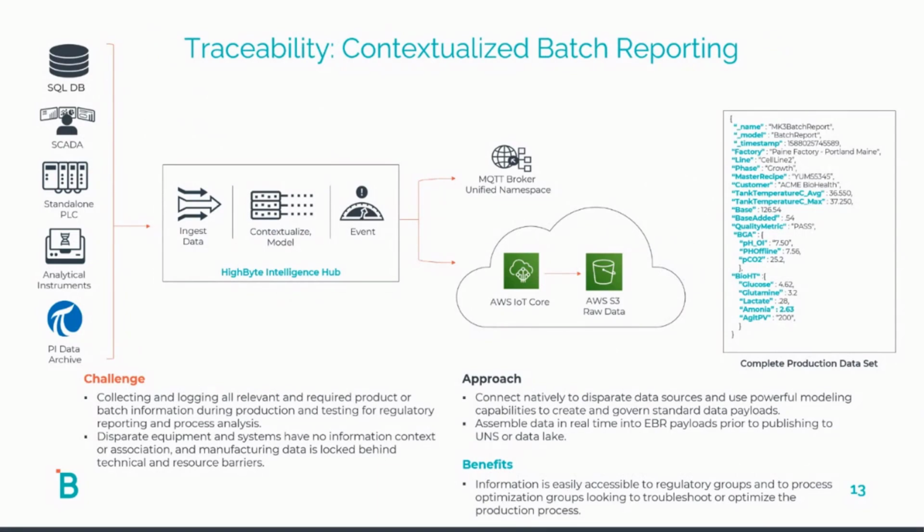Another key use case that we're seeing is traceability. Now, traceability, especially of batch reporting, is often needed in things like the pharmaceutical industry, the food and beverage industry, the automotive industry, where you have regulatory impacts that require you to log information of what's happened as the product is coming down the line.